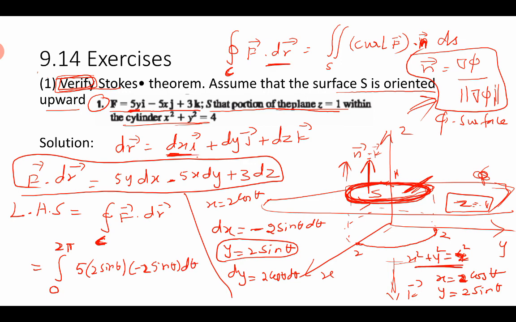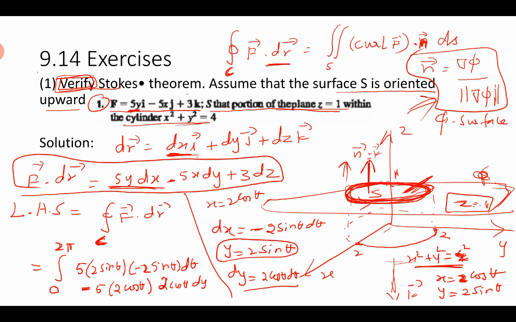Next, minus 5 times x, which is 2 cosine theta, and dy is 2 cosine theta d theta.